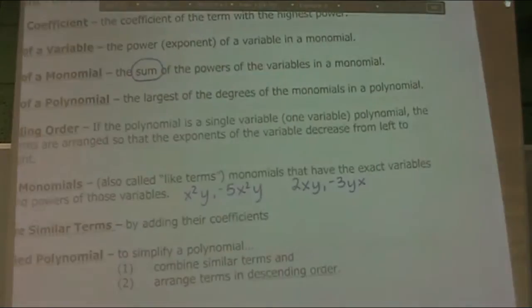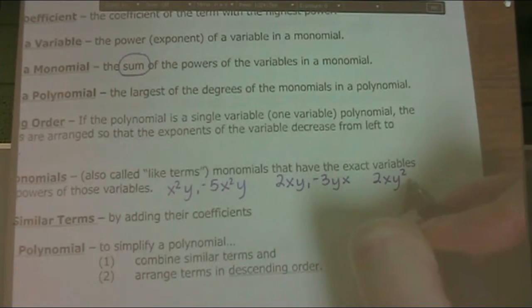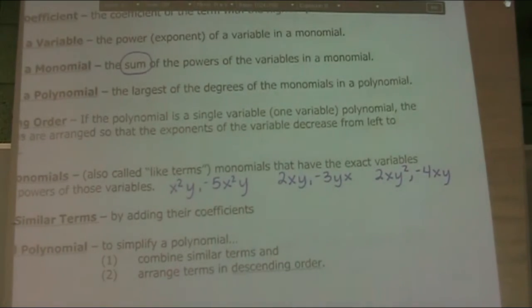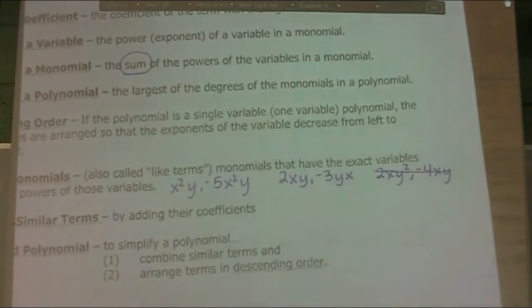However, if we have something like this, these are not like. And they're not like because they don't have the same powers of the variables. All right, so these are not like.